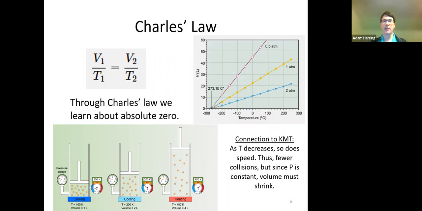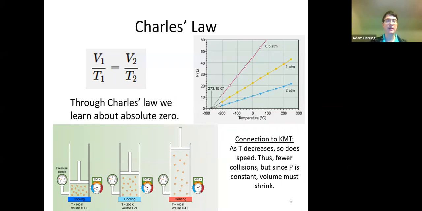We also see from Charles' law how we obtain absolute zero. So if you were to take any gas and decrease its temperature and look at the volume as a function of that temperature, what we see is that if we extrapolate those lines, then once we get to a certain temperature, they all reach zero volume.